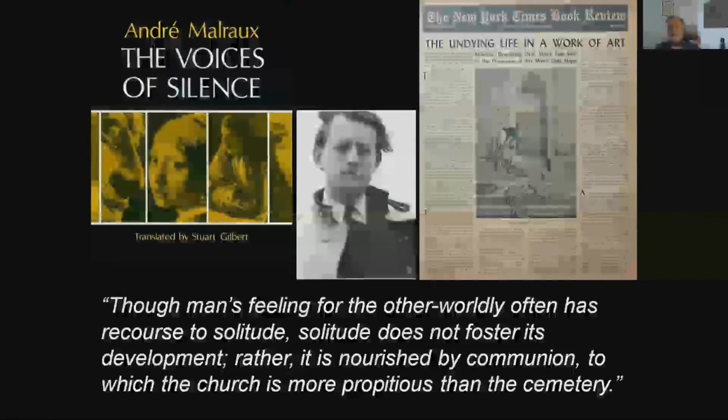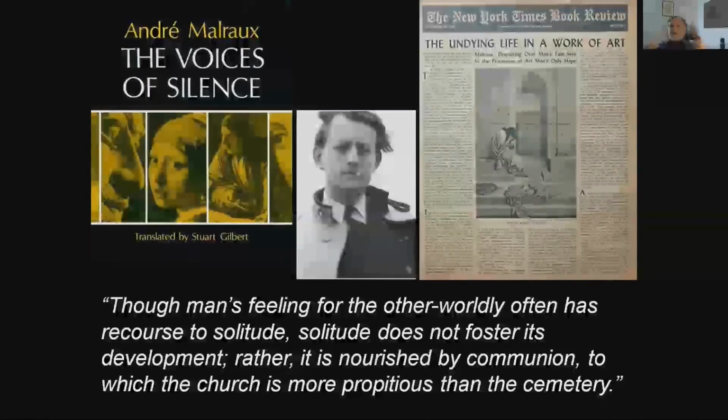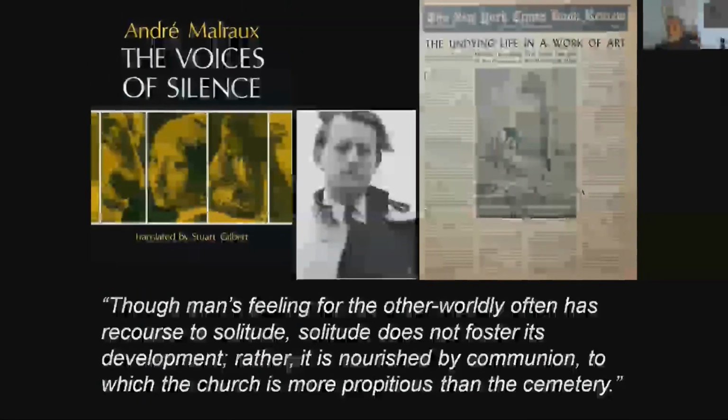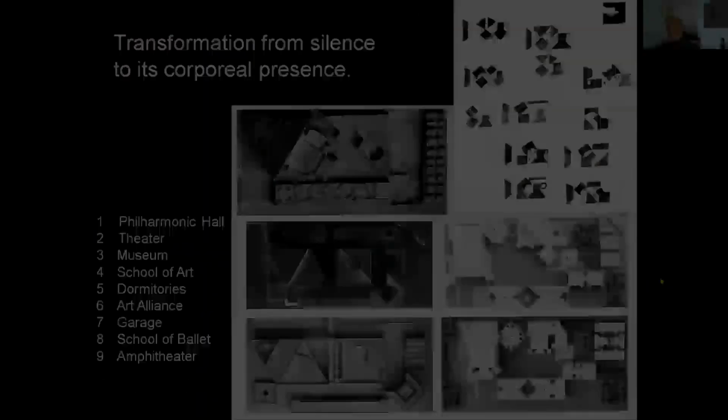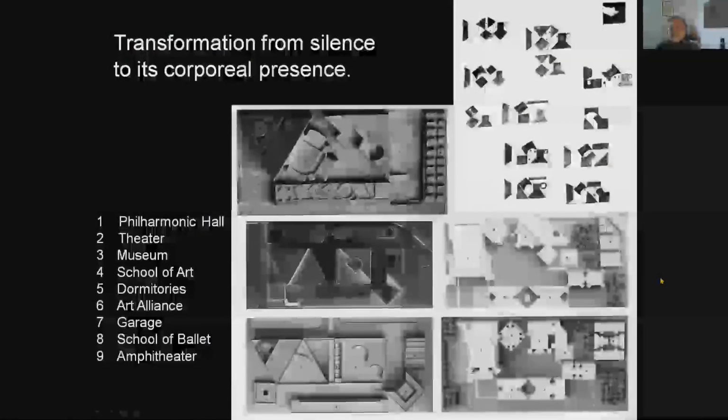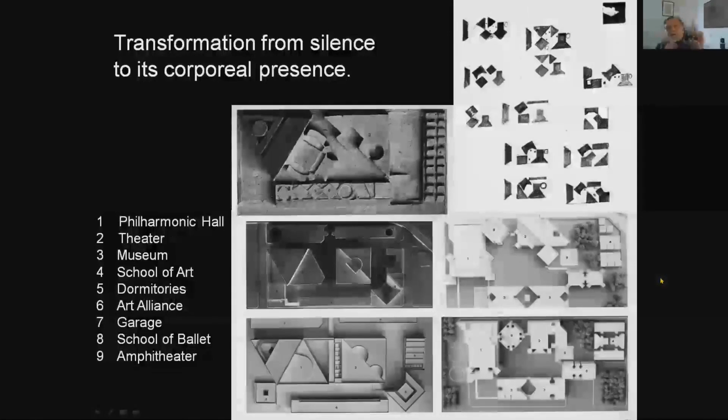This is what Kahn's idea of silence is, that is the beginning of all art. This is where it begins, and this can only be explained. I can demonstrate that with two of his projects as to how that silence can be translated into actual physical reality, the materiality of a building, architecture.